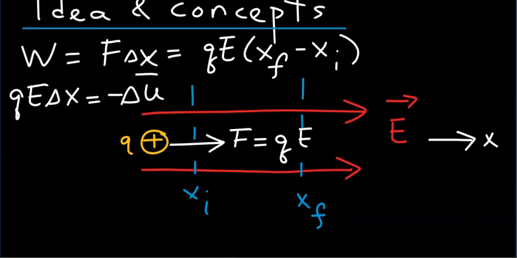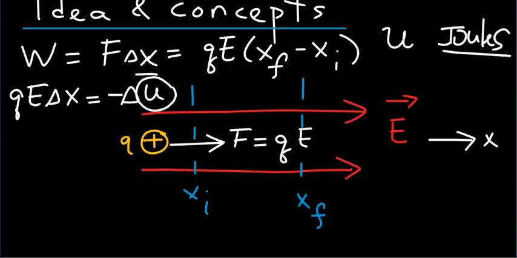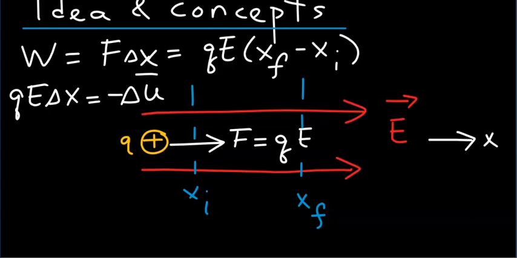As is the case with any form of energy, the potential energy is measured in the unit of joules, and since it is a form of energy, it is a scalar. The next thing that we want to introduce is the electric potential.